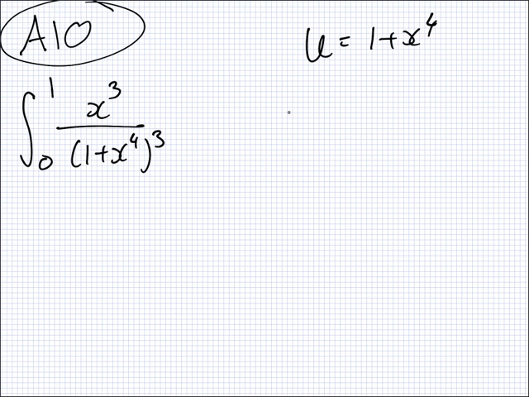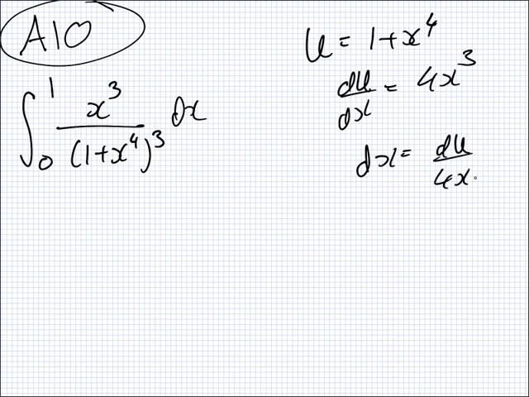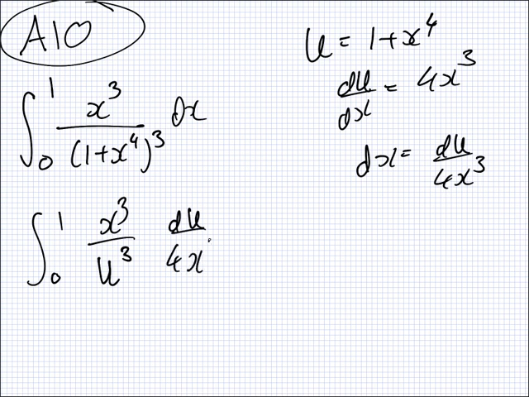So, du dx equals 4x cubed, right? So that means dx is du over 4x cubed. So that's 0 to 1 of x cubed over u cubed du over 4x cubed. Cancel, cancel, the quarter comes out and you're integrating u to the minus 3.